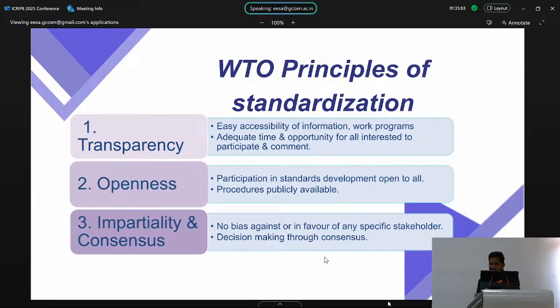For example, we use tiles, ceiling fans, electrical sockets and switches, gas cylinders, pressure regulators, cables. Every product has one standard. In some cases, there are 2-3 different standards for one product to cover all the varieties of this product. For example, cylinders have lots of different varieties: LPG cylinder, medical oxygen cylinder, CNG cylinder. They have different types of standards.